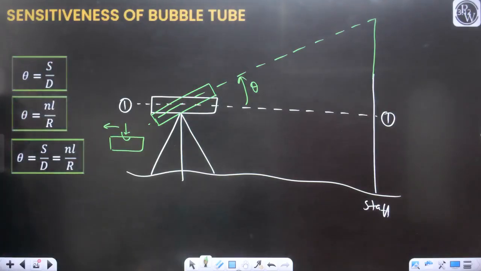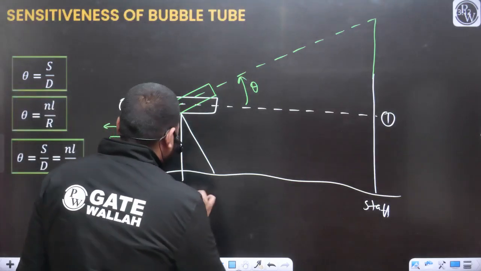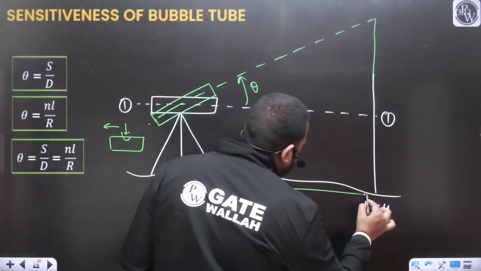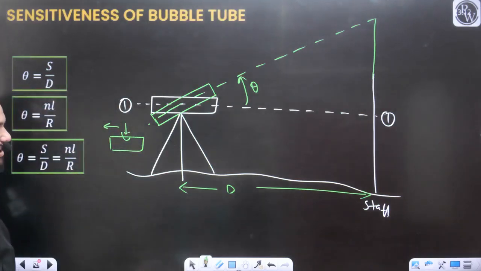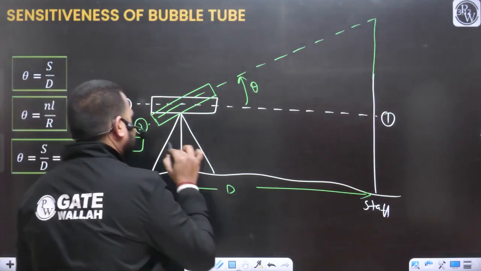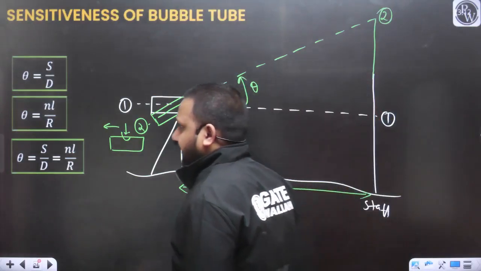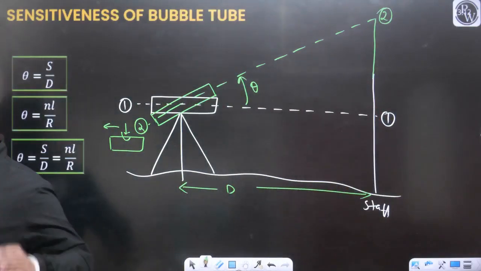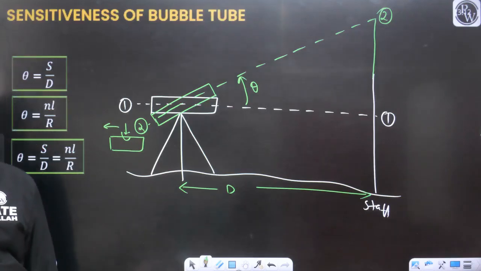Due to this angle theta, let's say the distance between the level and the staff is d. This white was the 1-1 condition, and this green is your 2-2 condition. We have provided the rotation, so the bubble will move, yes or no?